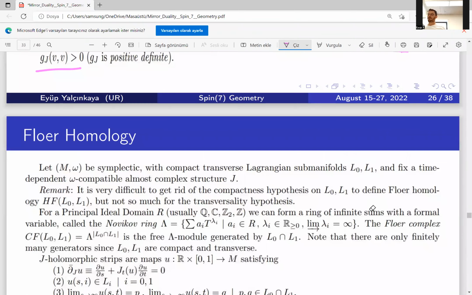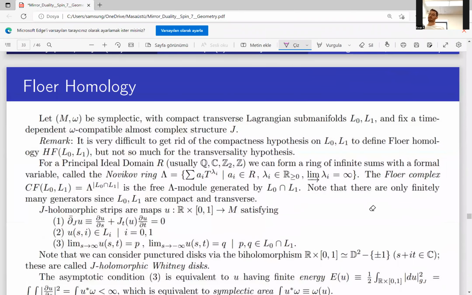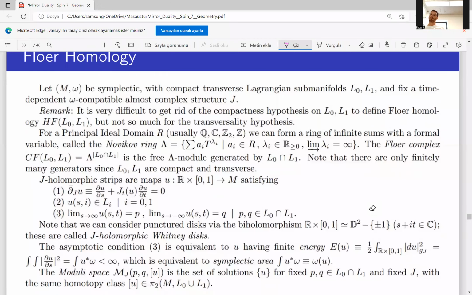So how can we shift this idea to Floer homology? Floer homology is actually an improvement of Morse theory, and maybe you know Morse theory, which calculates the critical points of a manifold. Maybe you can see the classical example, the old-fashioned Morse theory.